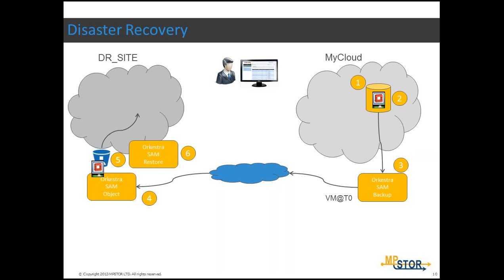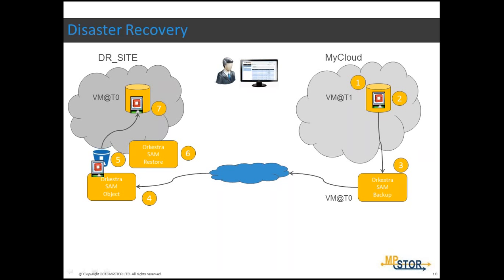The final step is if MyCloud somehow becomes out of action or falls apart, falls down or whatever, then we want to be able to restore the virtual machine into a new volume.